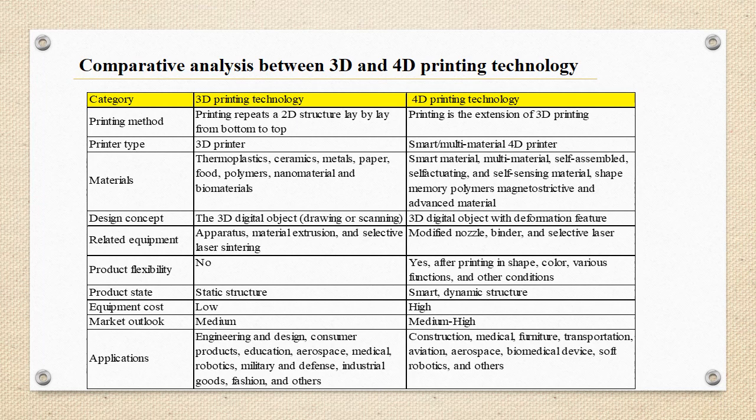The product is a static structure in 3D printing and a smart and dynamic structure in 4D printing. The equipment cost of 3D printing is very low as compared to 4D printing, where it is high.